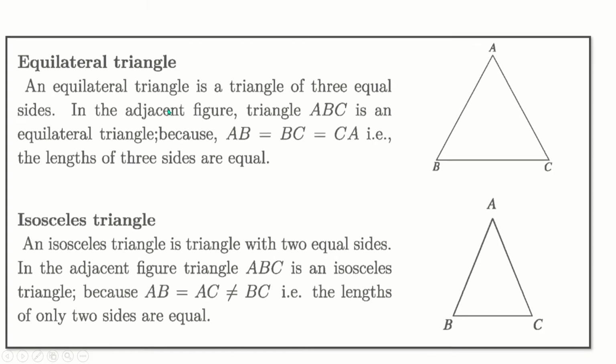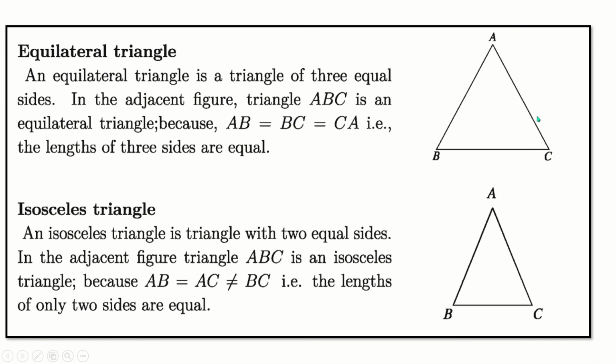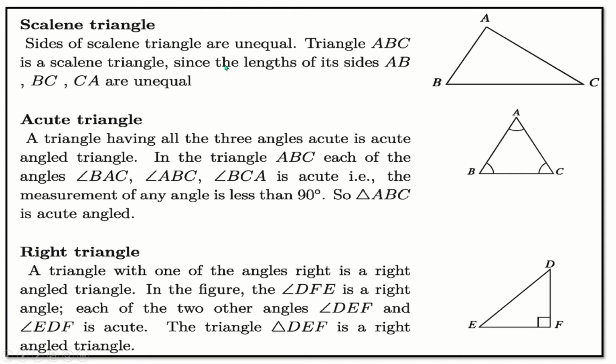Now follow. Equilateral: when all sides of a triangle are equal. Isosceles: if 2 sides of a triangle are equal, it is called isosceles. Scalene: if all sides of a triangle are not equal, that is scalene.